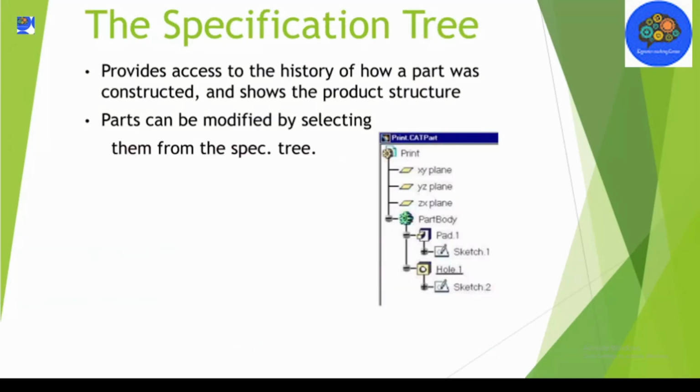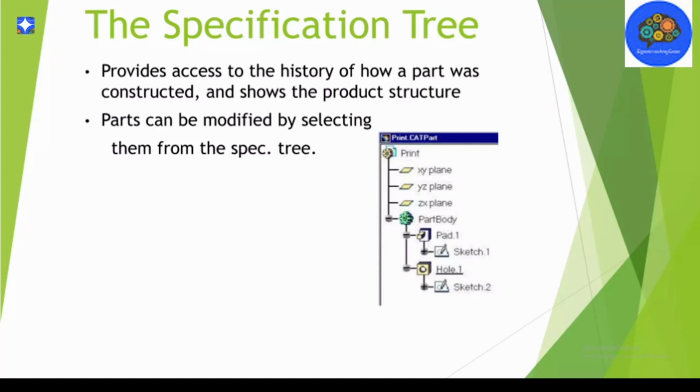This is the specification tree. If you open CATIA, the first thing we notice is the specification tree on the top left corner of the software. It provides access to the history of how the parts were constructed and shows the product structure. What they mean is how we are going to create the parts.